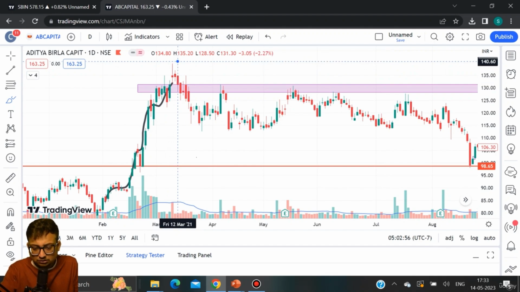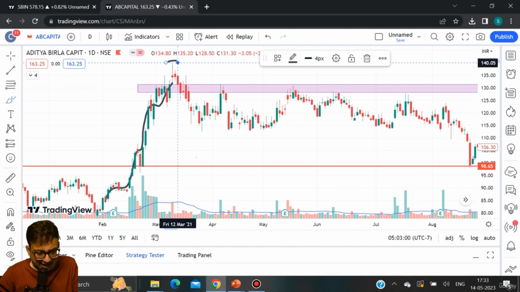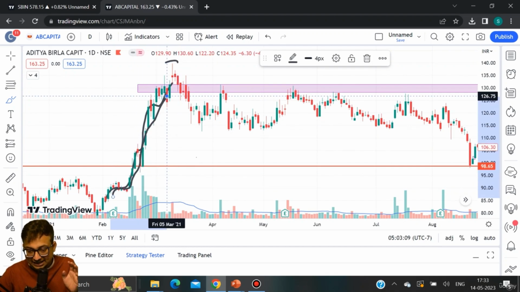You see, for a long period, that happened from the month of March up to December, the market was at that price level only. That's how strong price action is.